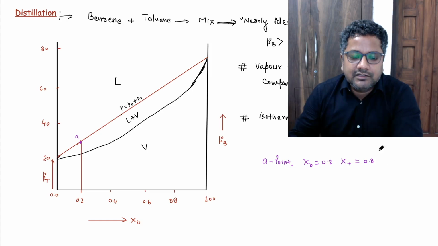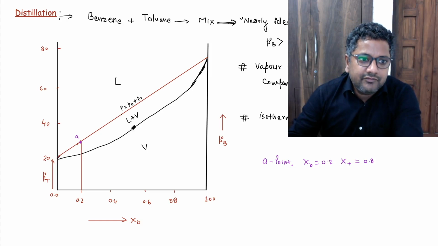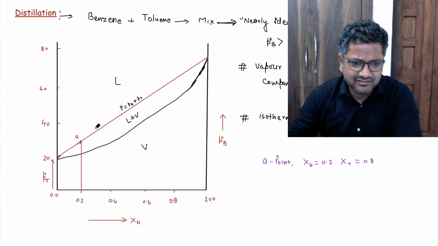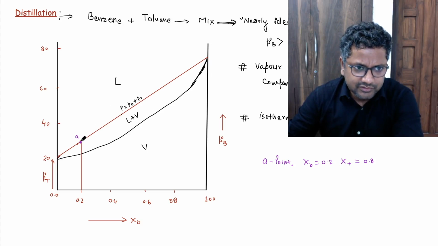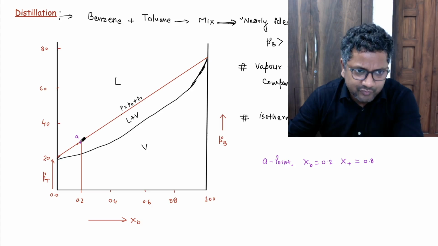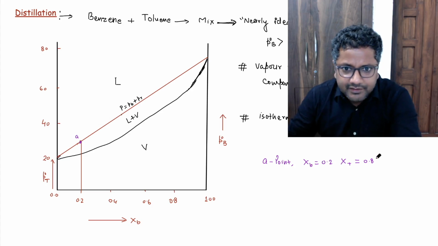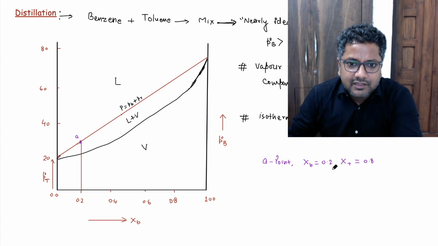Now what you can say here: this is the vapor phase line, and this is the liquid phase line. I am assuming this line as the liquid phase line, although you can take some margin like this, but it is not required. Okay, you will understand this. So at this point, whatever the total vapor pressure you have, in this situation the mole fraction of benzene is 0.2 and the mole fraction of toluene is 0.8, right?